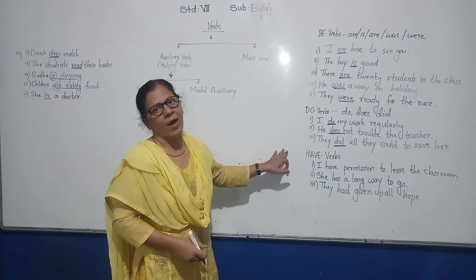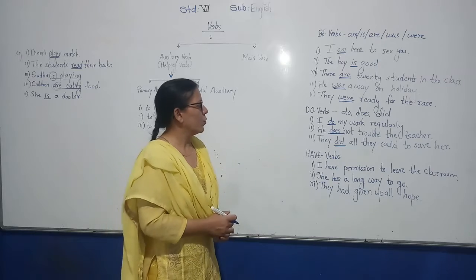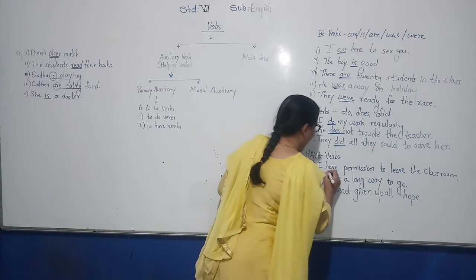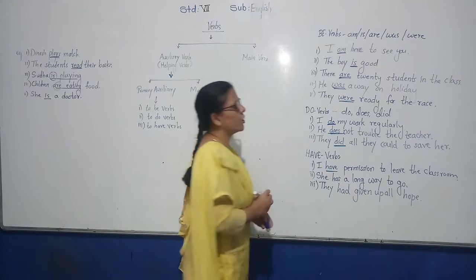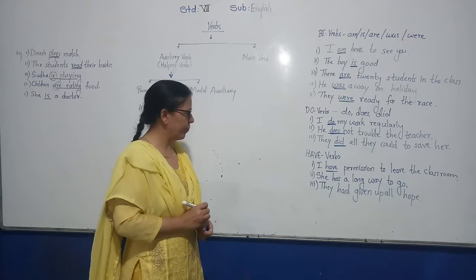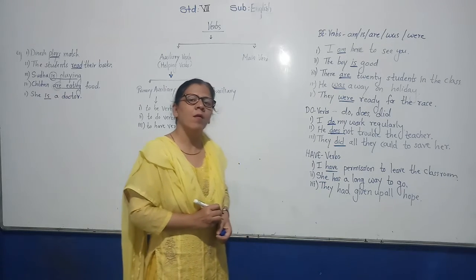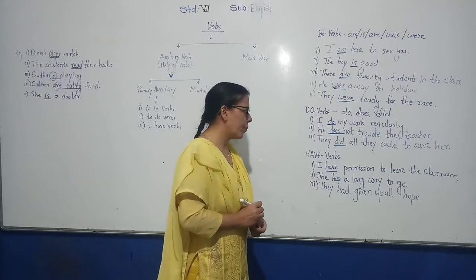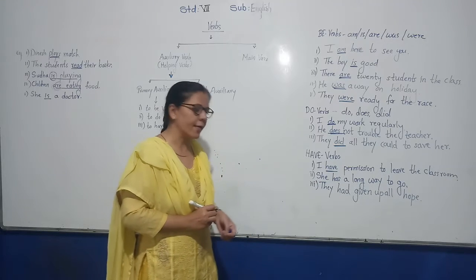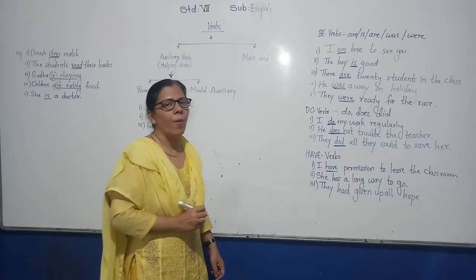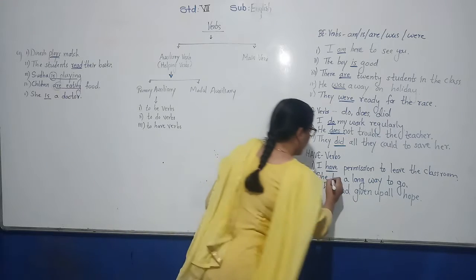Next is to have verbs. For example, I have permission to leave the classroom. She has a long way to go. They had given up all hope.